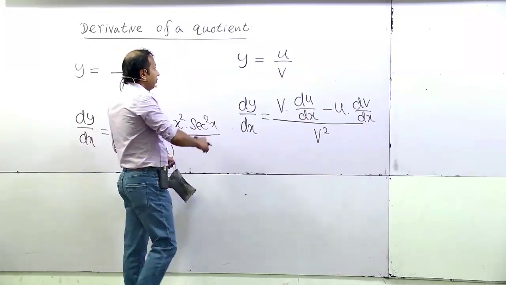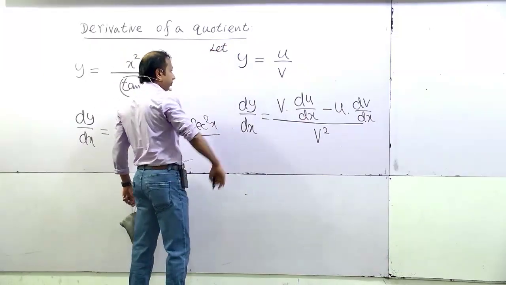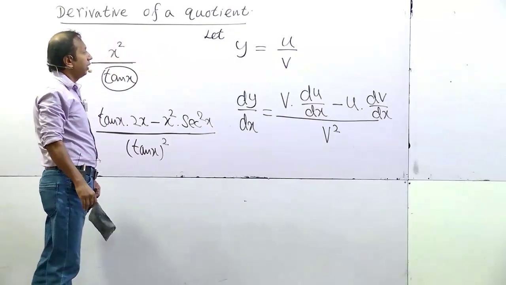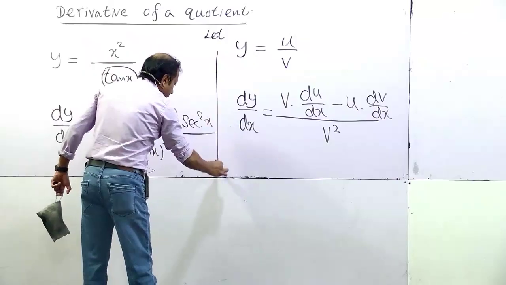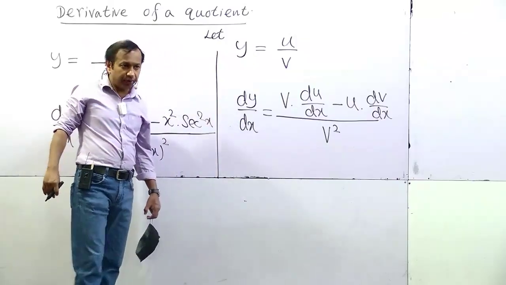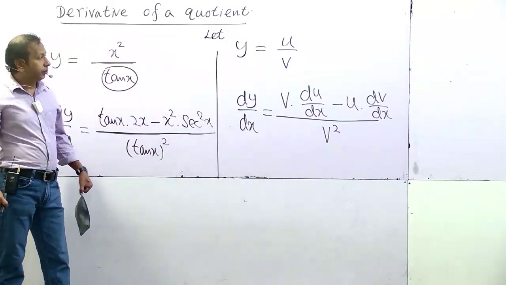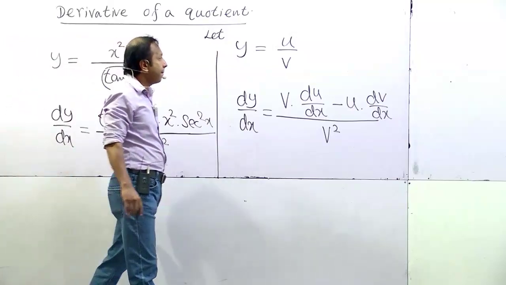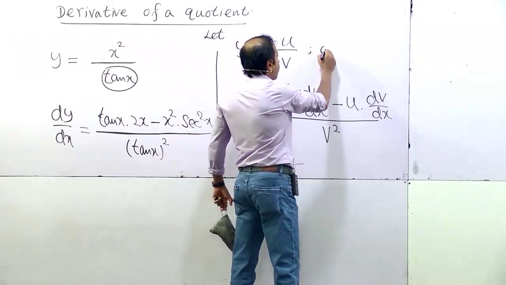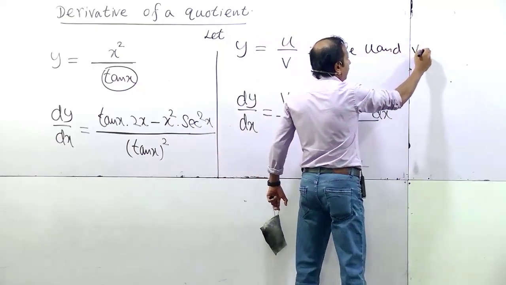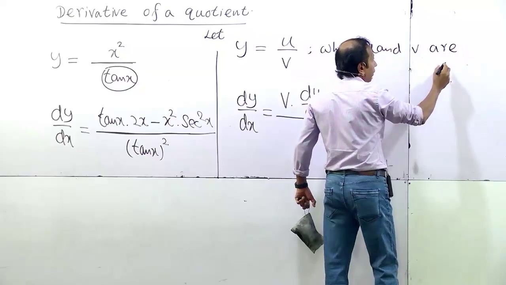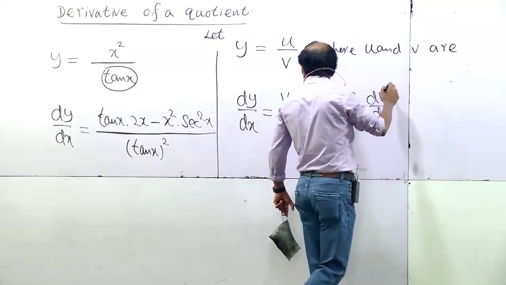Then write it down like this. This also we can prove. We will prove this later. Let y equals u upon v, where u and v are differentiable functions of x.